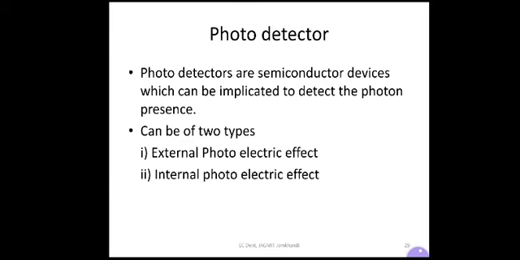The PIN photodiode, PIN that is P type, intrinsic, then N type, the PN junction photodiode and the avalanche photodiode are examples of the internal photoelectric effect.